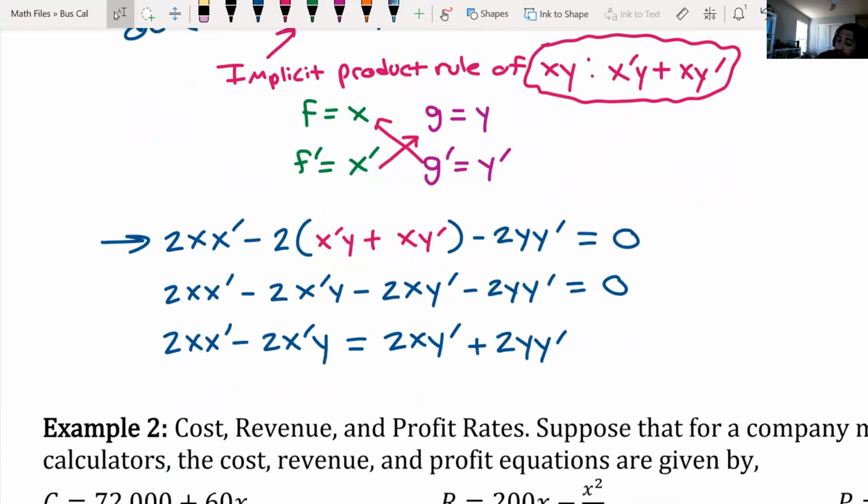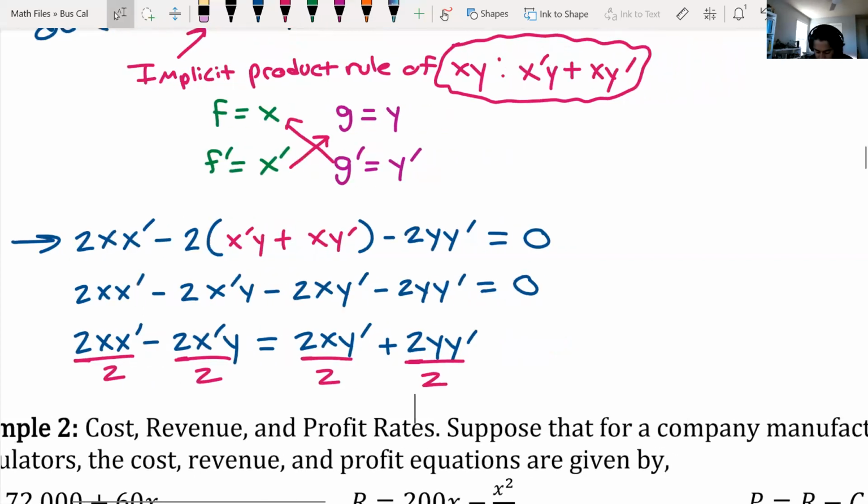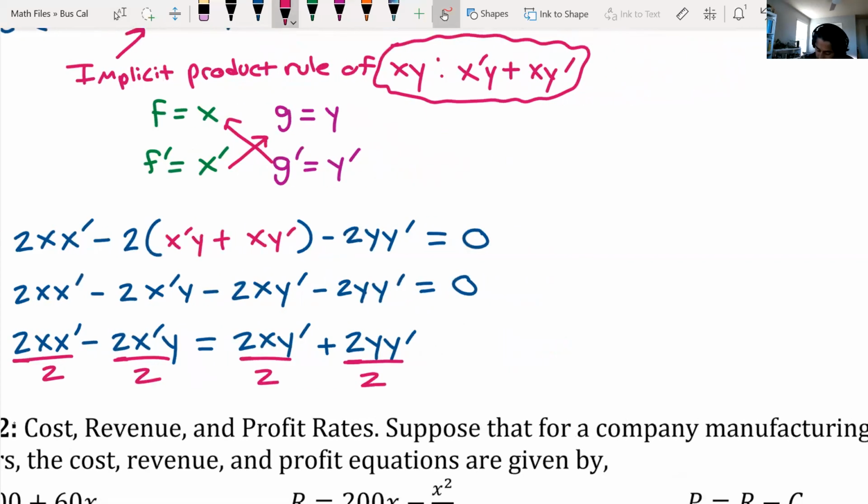And now to solve for x prime, well, actually, before we do any of that, we can divide everything by 2. That'll help us reduce it. So I can say divide by 2, divide by 2, divide by 2, divide by 2.